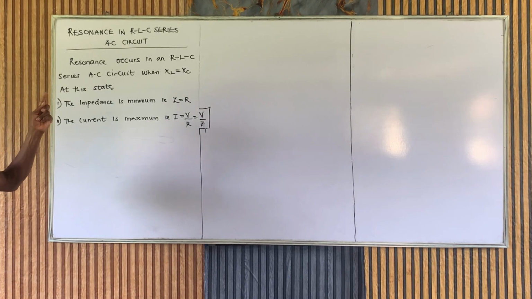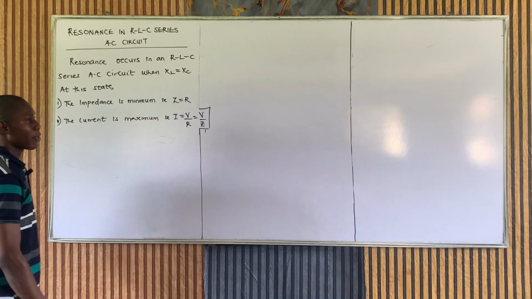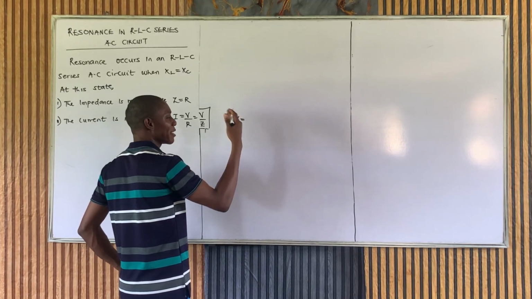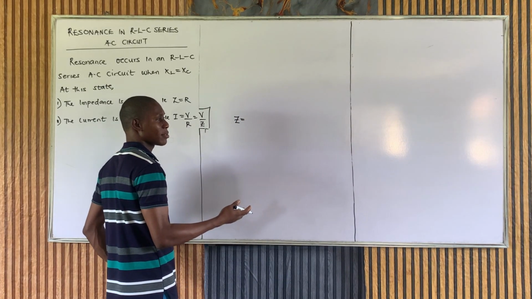Resonance in RLC series AC circuits. Resonance occurs in an RLC series AC circuit when XL is equal to XC. You see, at resonance, the impedance is minimum. That's because the impedance is always greater than the value of your resistor, inductor or capacitor in the circuit.